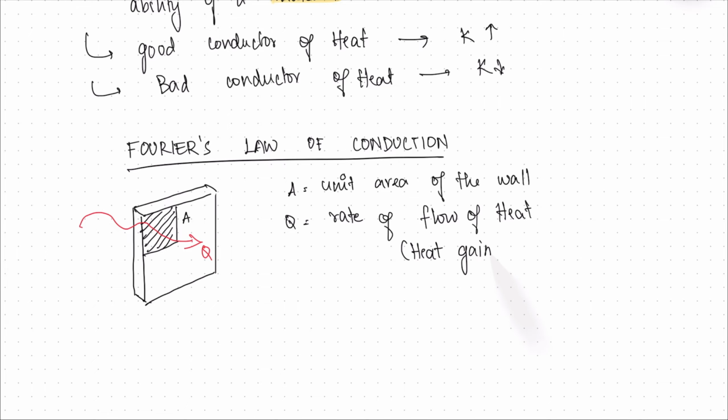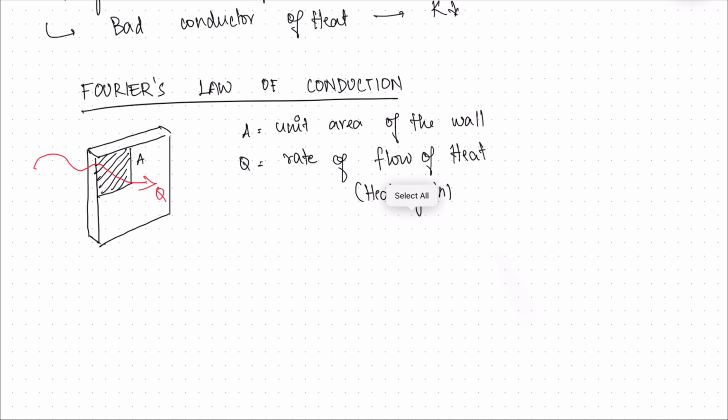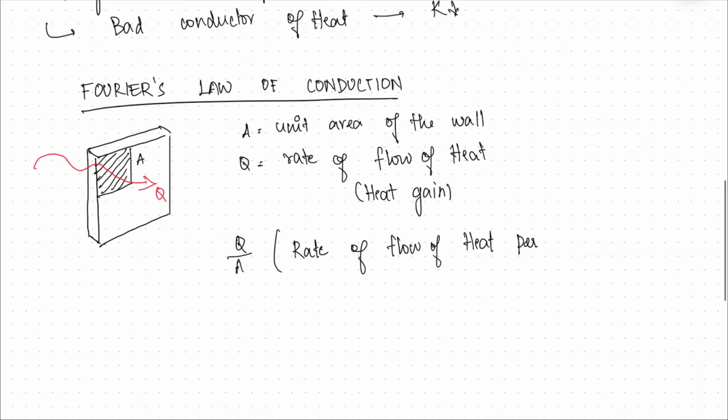And this rate of flow of heat per area depends upon certain factors. So your Q by A, which is the rate of flow of heat per unit area, depends upon certain factors.